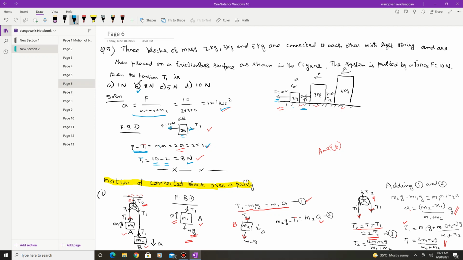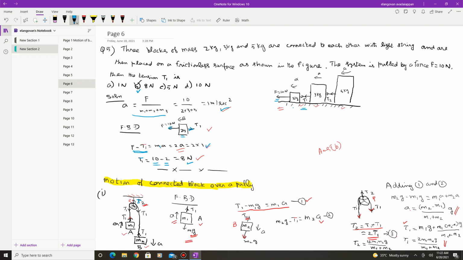Now we discuss another type of problem: motion of a block connected over a pulley. We consider two blocks, block A and block B. Block A is carrying mass m1, block B is carrying mass m2, and they are connected over a pulley. Since they are connected through a string, a tension T1 is acting from the block.